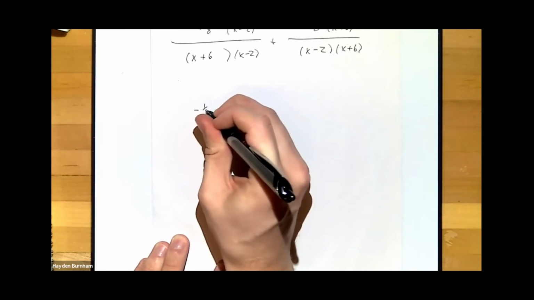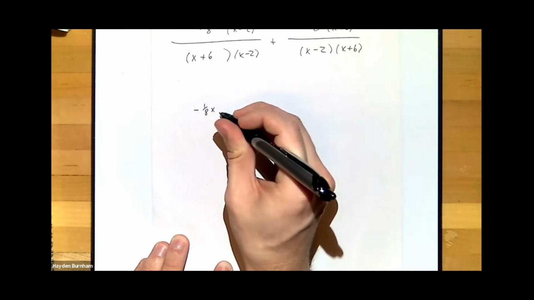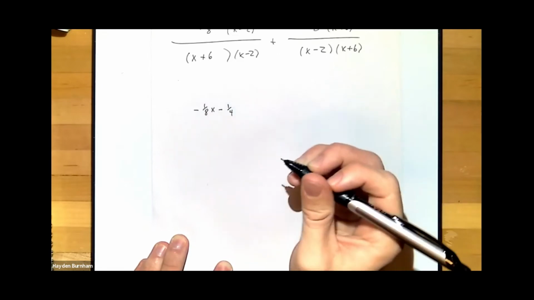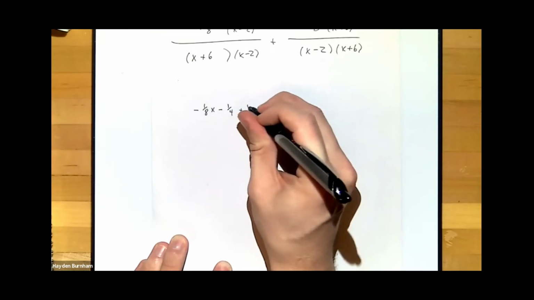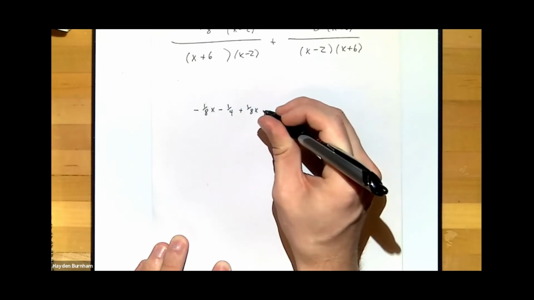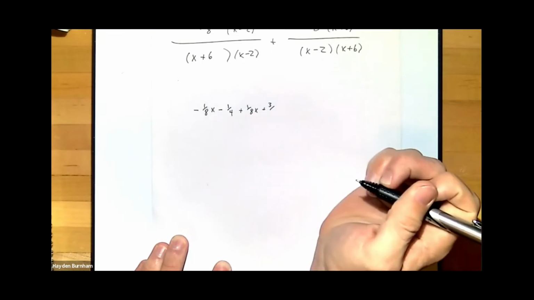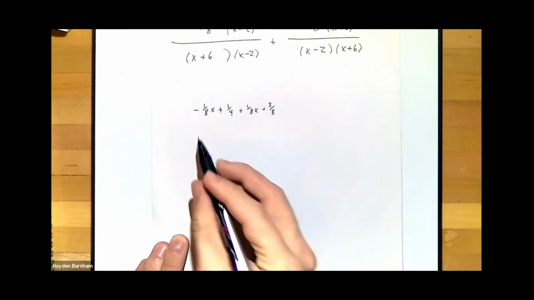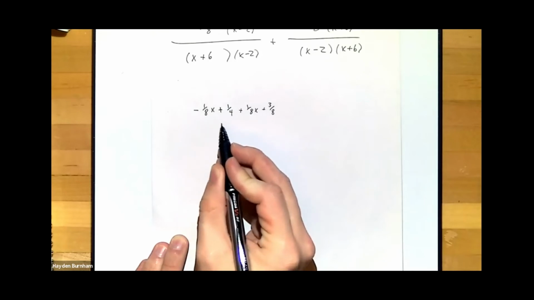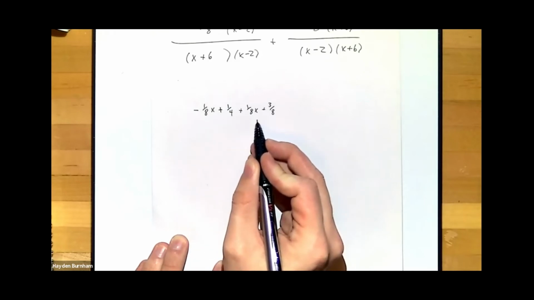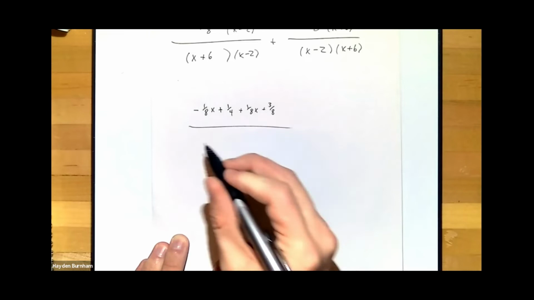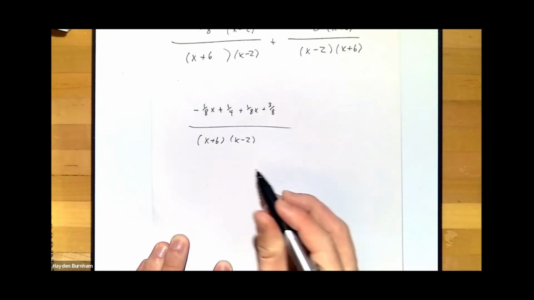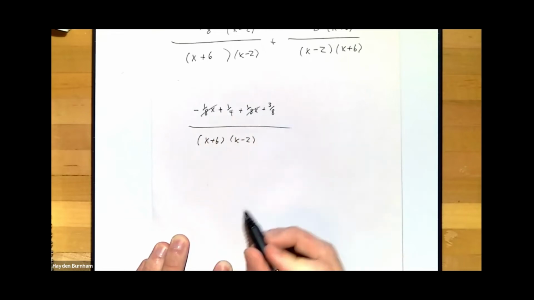So that's going to be negative 1/8 x minus 1/4 plus 1/8 x plus 3/4, right? Oh, that would be plus, my bad. So it would be negative 1/8 x plus 1/4 plus 1/8 x plus 3/4 over x plus 6 times x minus 2. And when you add these all out, that cancels with that.